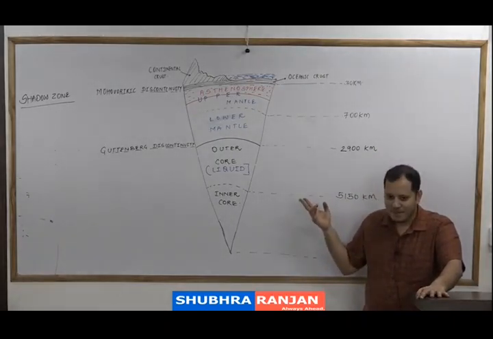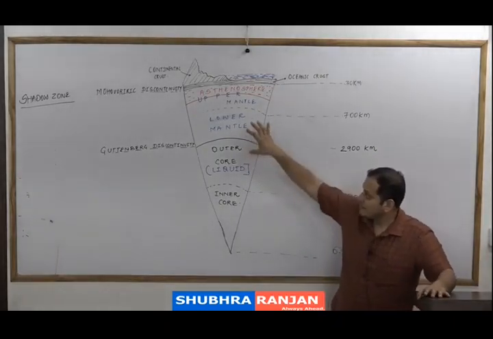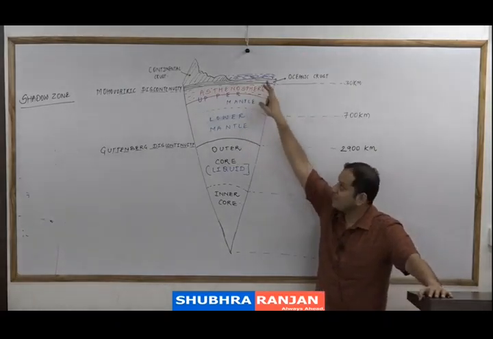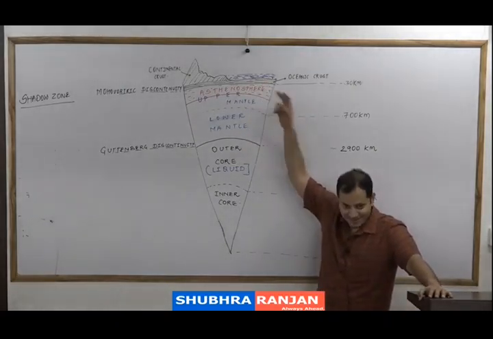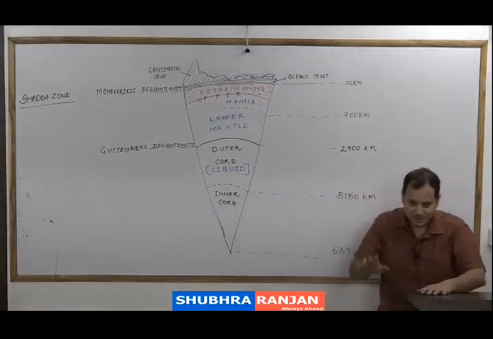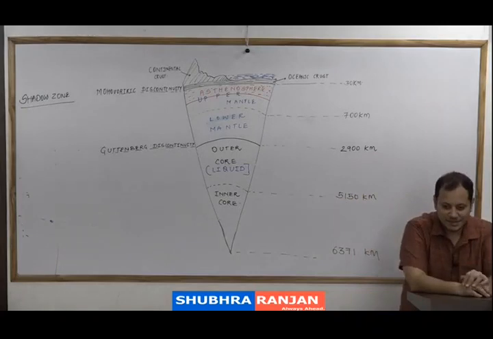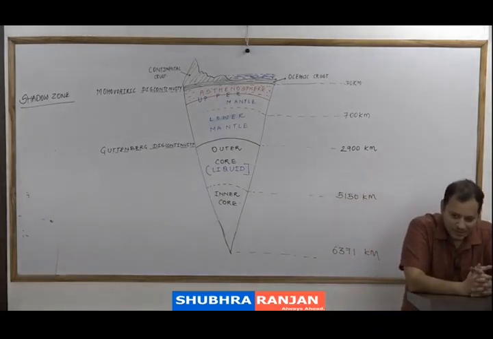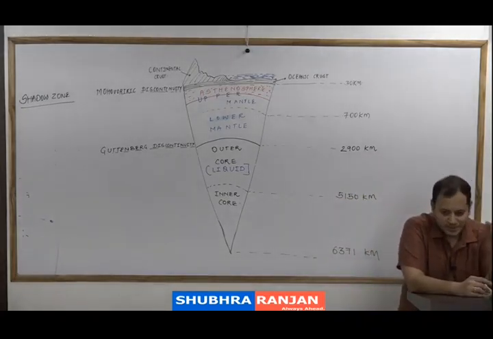Core is made up of different material from mantle. Mantle is made up of different material from crust. Temperature, density, and material. Minerals, kaun se? Yes, that is why liquid.